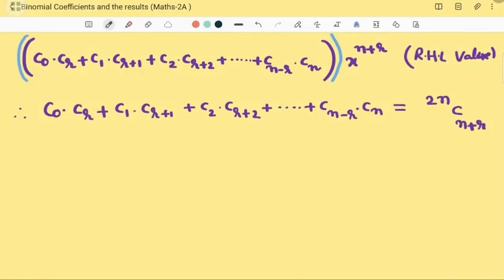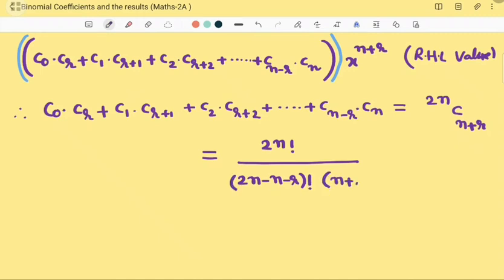See, by expanding, by the definition of nCr, 2n factorial by (n minus r) factorial into (n plus r) factorial. So 2n minus (n minus r) factorial into r factorial means (n plus r) factorial, which is equal to 2n factorial by (n minus r) factorial into (n plus r) factorial.